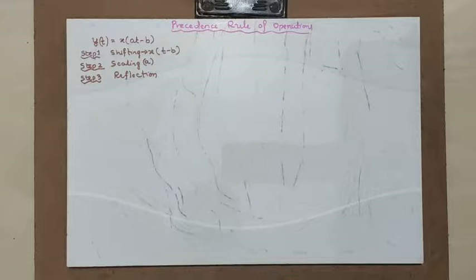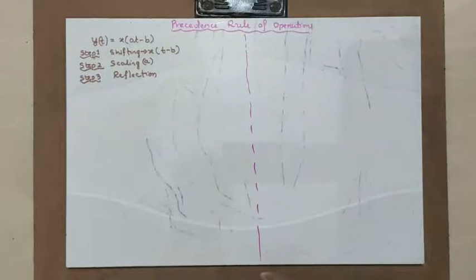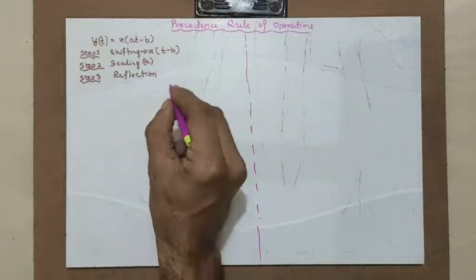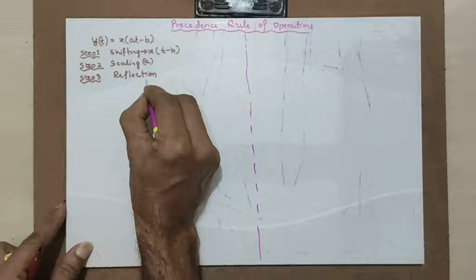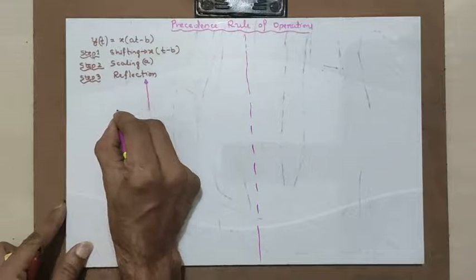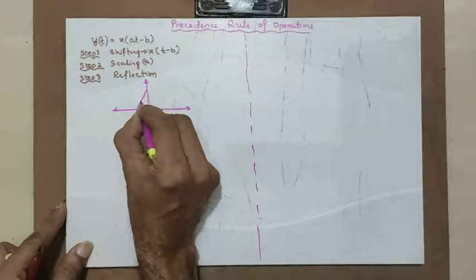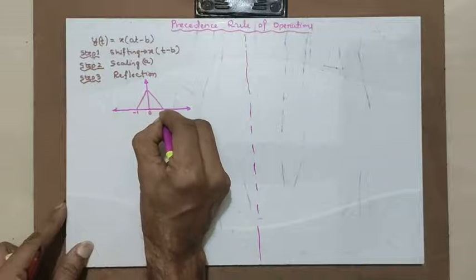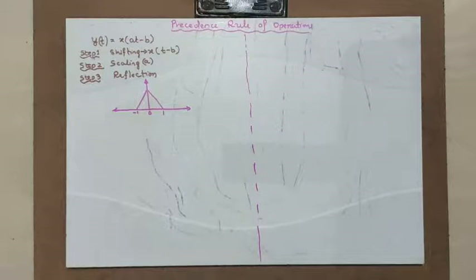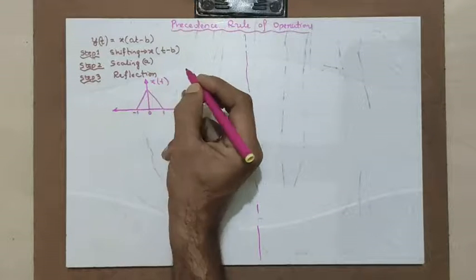Okay, let us take the same example which we had taken as assignment. That means I shall give you x of t like this. Zero, minus 1, 1. Okay, this example I shall solve for different things. This is x of t given.